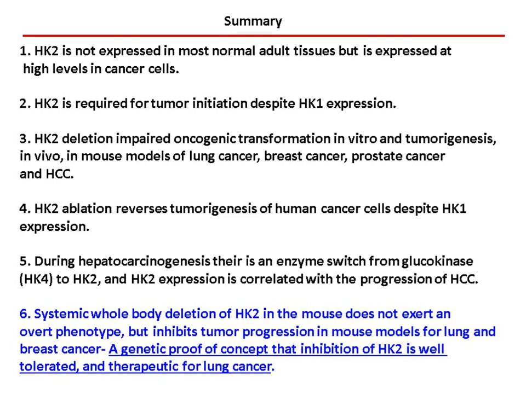And most importantly, systemic whole-body deletion of hexokinase 2 in the mouse does not exert an overt phenotype, but inhibits tumor progression in mouse models for lung and breast cancer. And this is a genetic proof of concept that inhibition of hexokinase 2 is well tolerated and therapeutic for lung cancer.